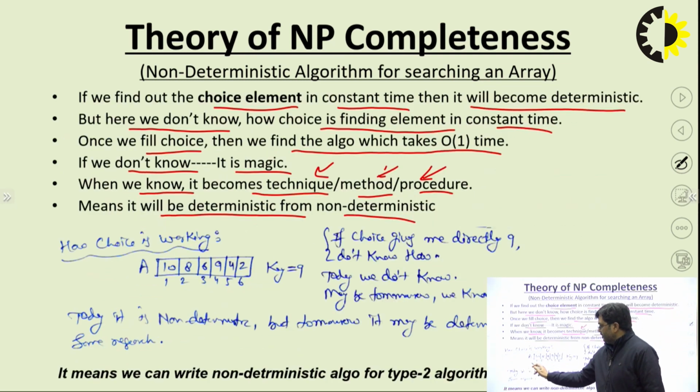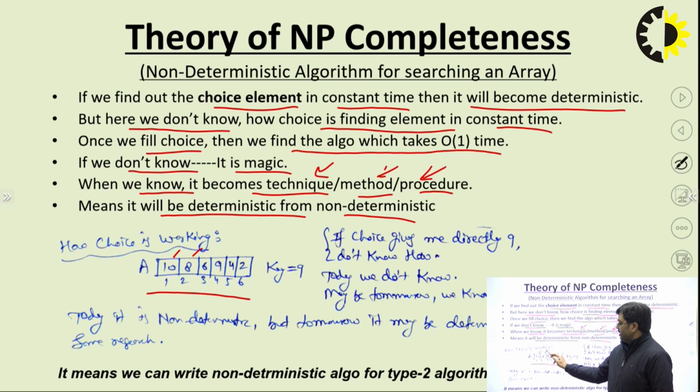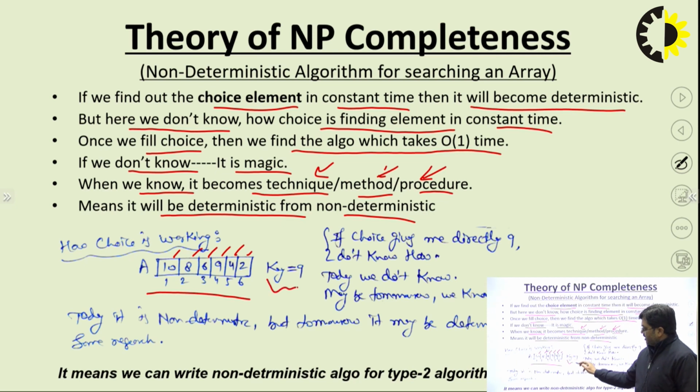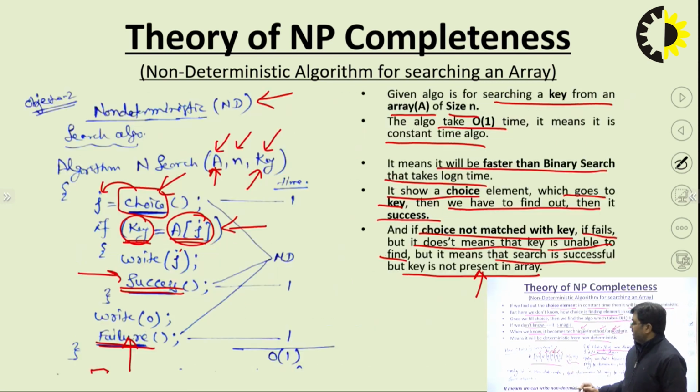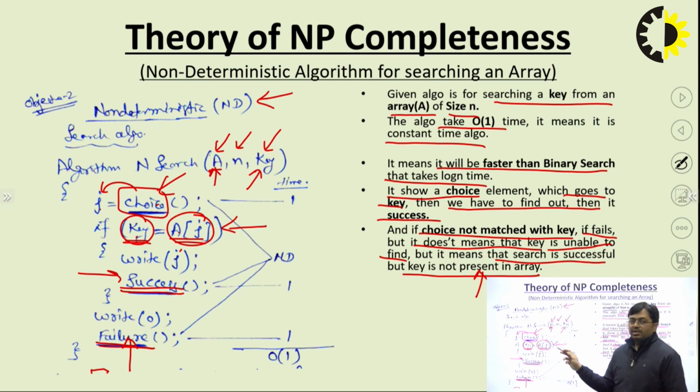We have an array of 6 elements: 10, 8, 6, 9, 4 and 2. If we try to find the key k equal to 9, and choice directly gives me 9, I don't know how. If choice gives me directly 9, then j will be the index of 9, and A of j, the array element at index j, will be 9, which matches the key element 9.